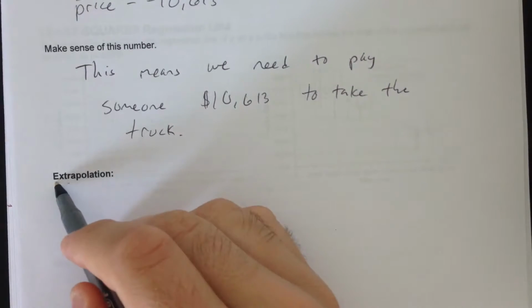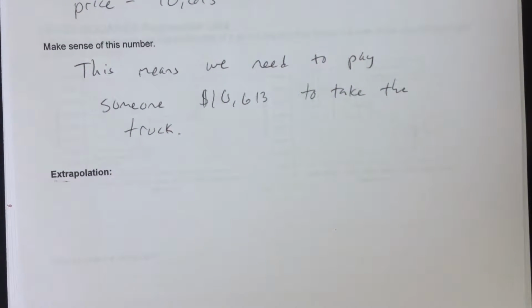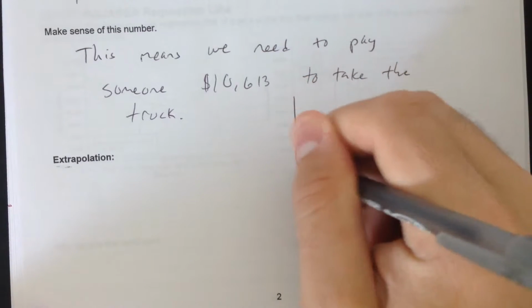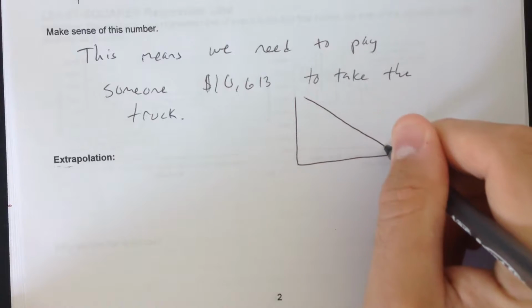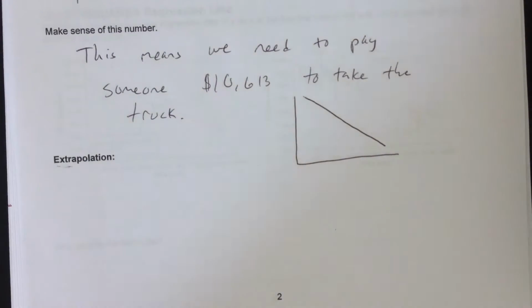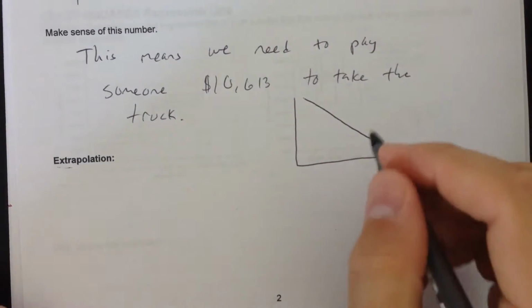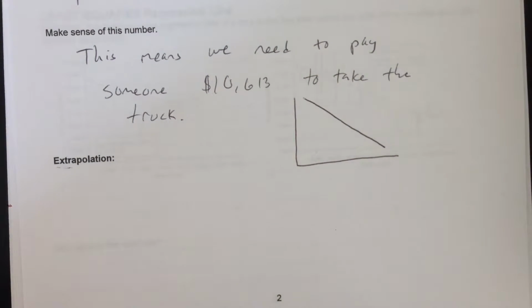Extrapolate: think about the word extra, outside. It's prediction outside the data set. So you have to be careful with this. At a certain point, you can't go too far or it stops making sense. We actually have the graph in the book, and you notice the regression line looks like this. And in algebra, the lines go on forever. They've got arrows on the end of them. That's not different in here either, but you have to keep in mind that you can only use it in a certain window.